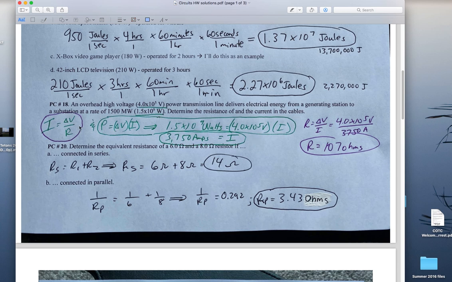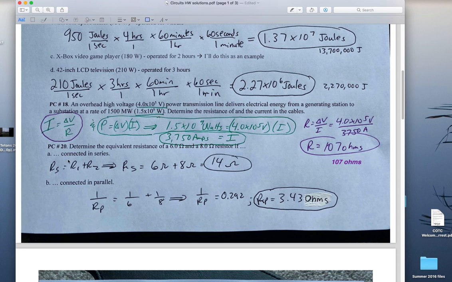Then you can use Ohm's law to figure out that it's about 107 ohms. So not 1,070 ohms, that is supposed to say 107 ohms.